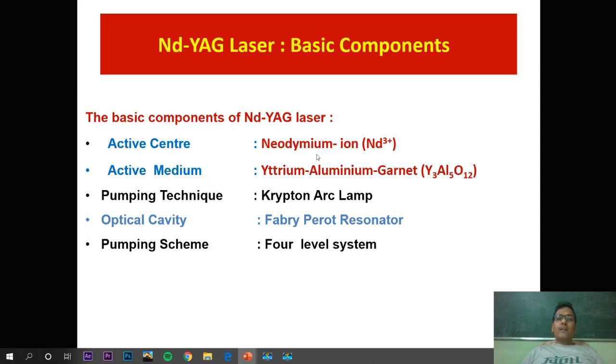So the active centers are neodymium ions, Nd3 positive ions, and the active medium is Y3Al5O12, that is yttrium aluminum garnet. For pumping, the krypton arc lamp is used to pump ions from one energy level to another energy level, and the optical cavity is the fabry-perot resonator. This is just a combination of 2 mirrors sandwiching the active medium and active centers.